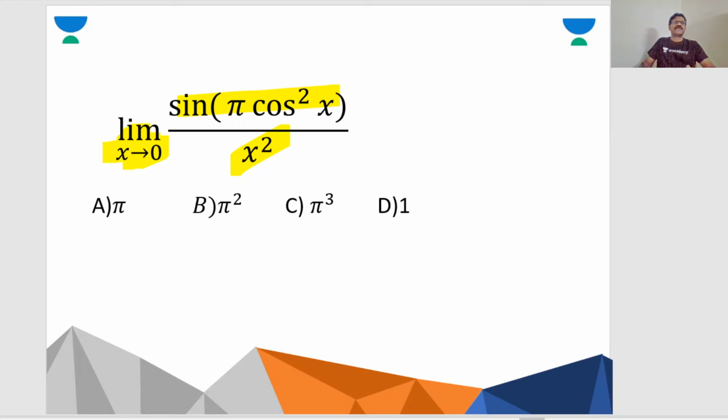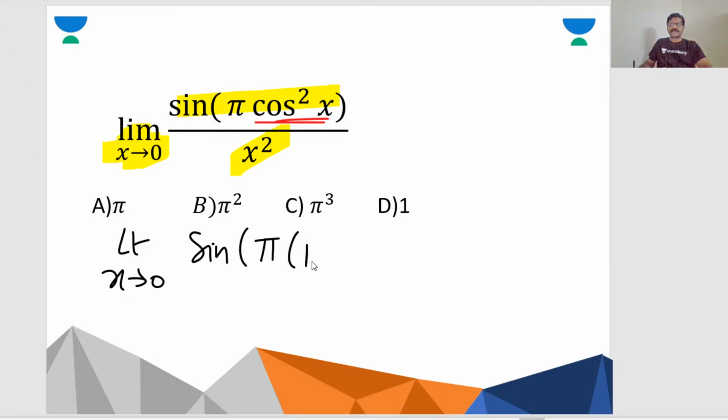Now, limit x tends to 0, sin(pi cos²x), and cos²x can be written as 1 minus sin²x, by x square.